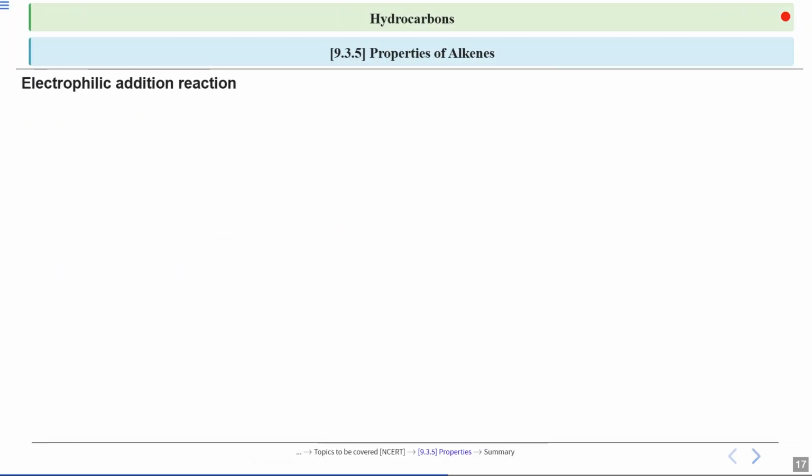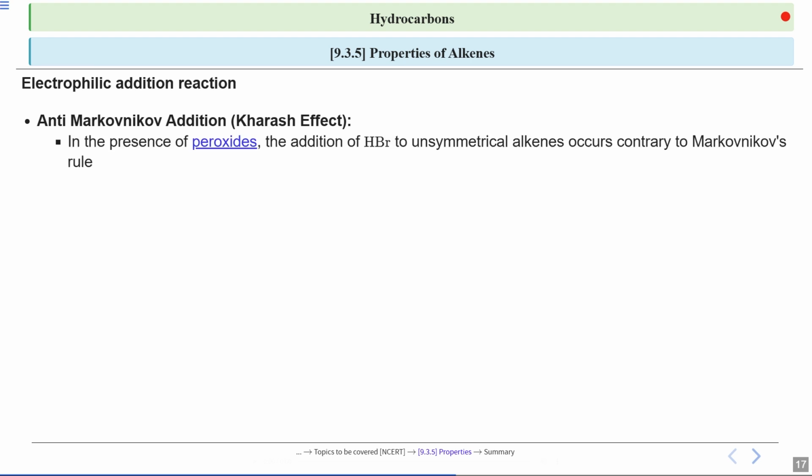Now moving on further, we will study the anti-Markovnikov addition, which is also studied under the Kharasch effect. According to this, in the presence of peroxide, the addition of HBr to unsymmetrical alkenes occurs opposite to the Markovnikov's rule. Here, the peroxide acts as an initiator, starting a chain reaction that changes which atom attaches where.